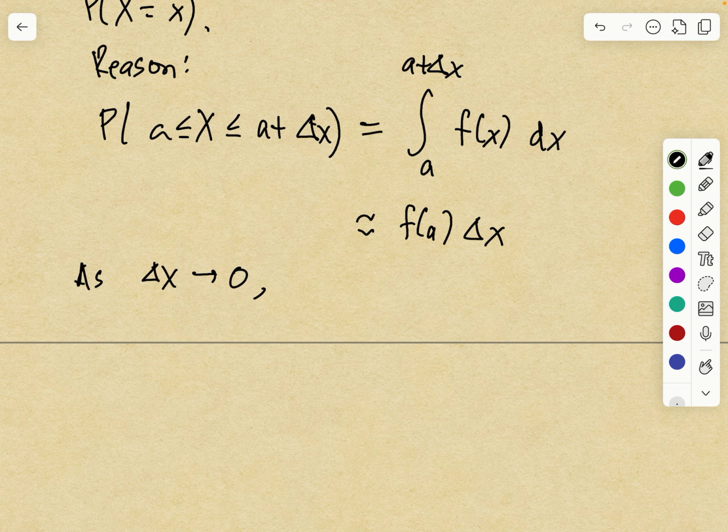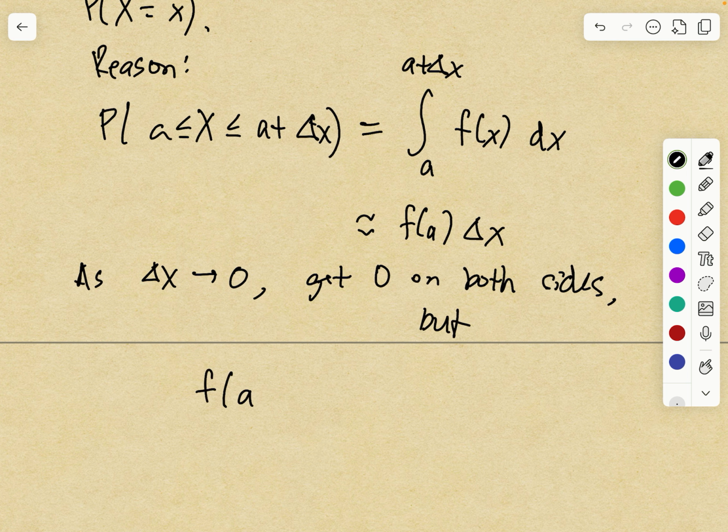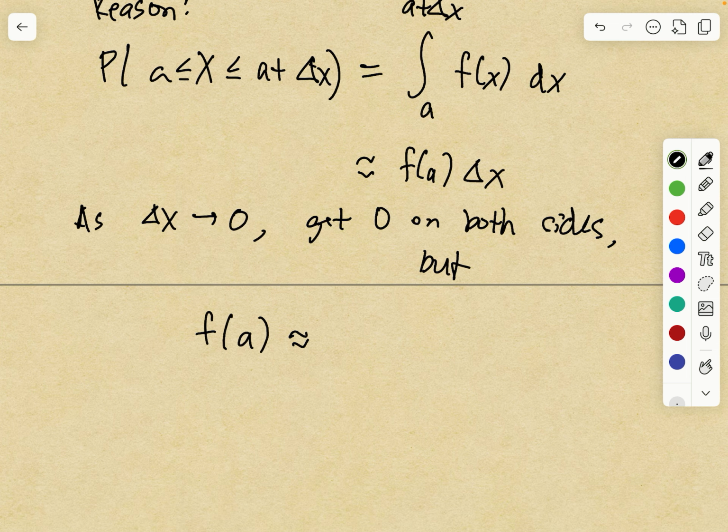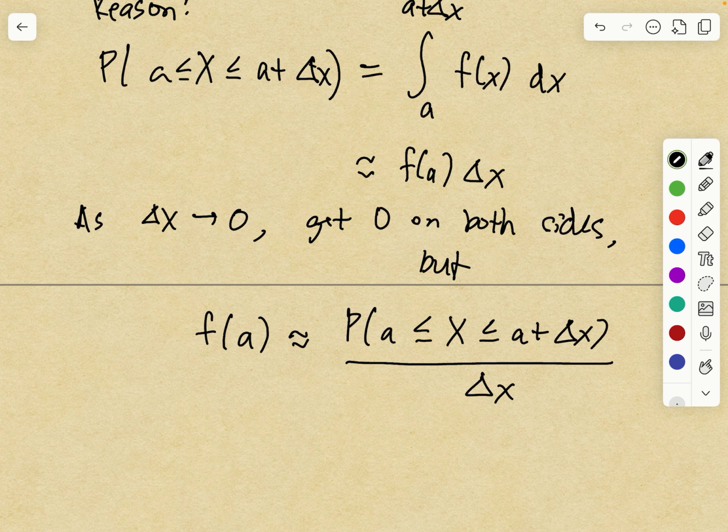So you get 0 on both sides. But if you divide both sides of this approximation by delta x, you get that f of a is approximately the probability that x is between a and a plus delta x divided by delta x.